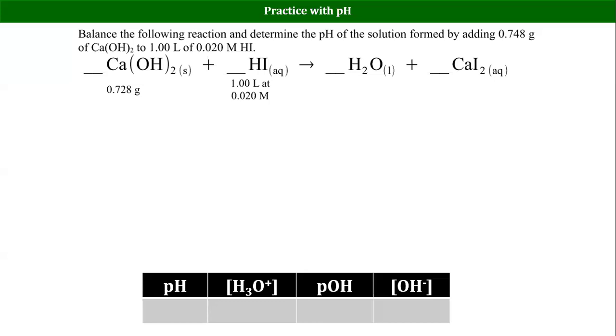So that should give us something between 3 and 4. 3.5. On the nose. So always take it to the hundredths place.